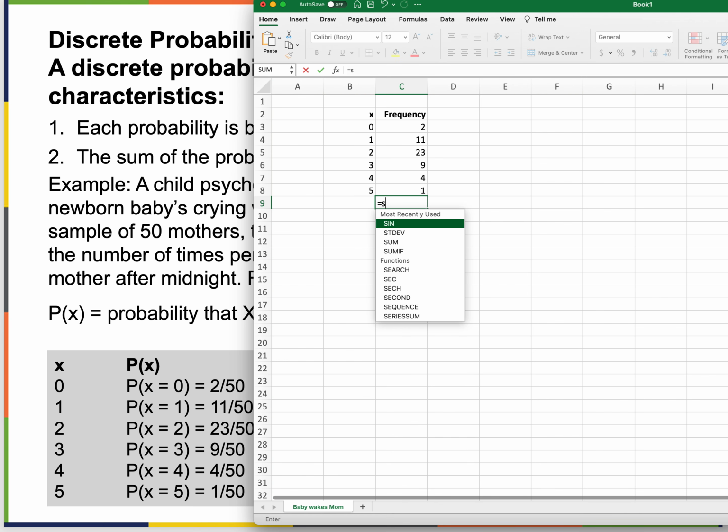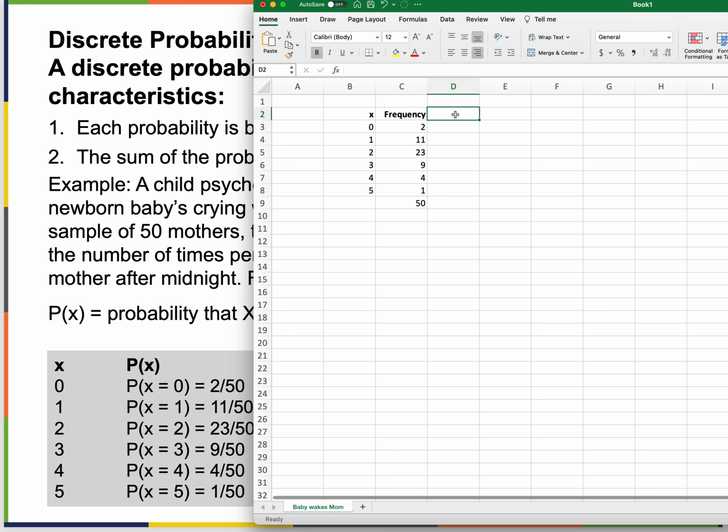And just to make sure I do that right, I take equals sum and I highlight all this. Now we might normally call this relative frequency. I'm going to call it probability of x. But it's really relative frequency, and this is the PDF for this particular experiment.